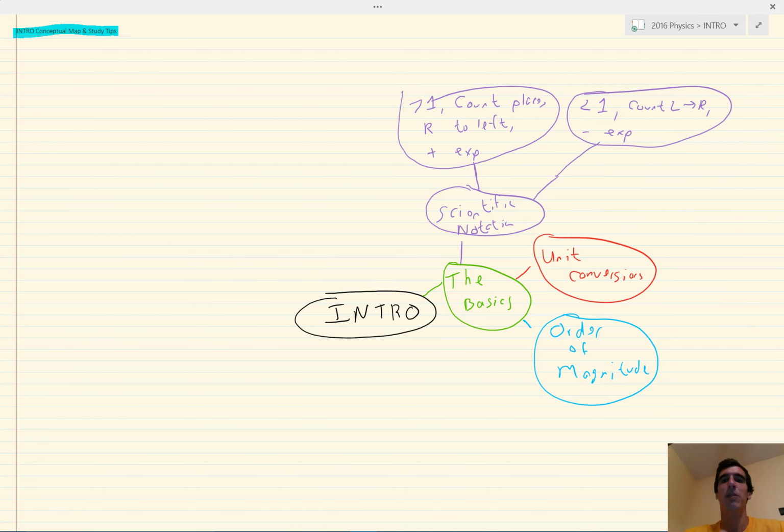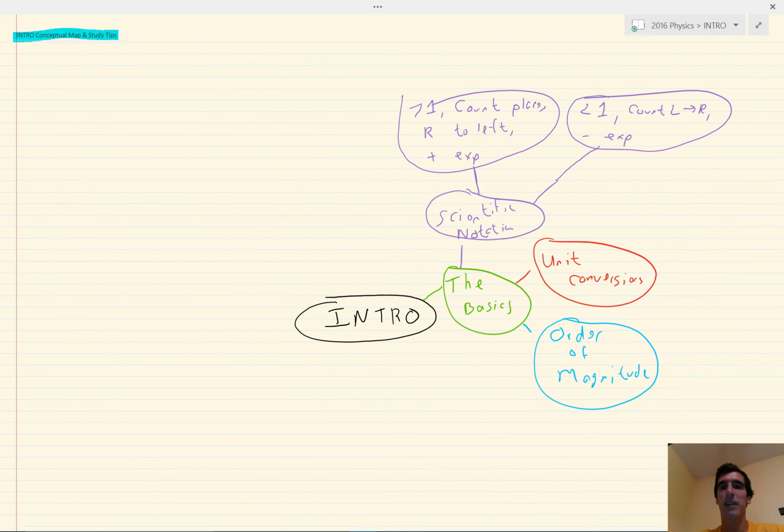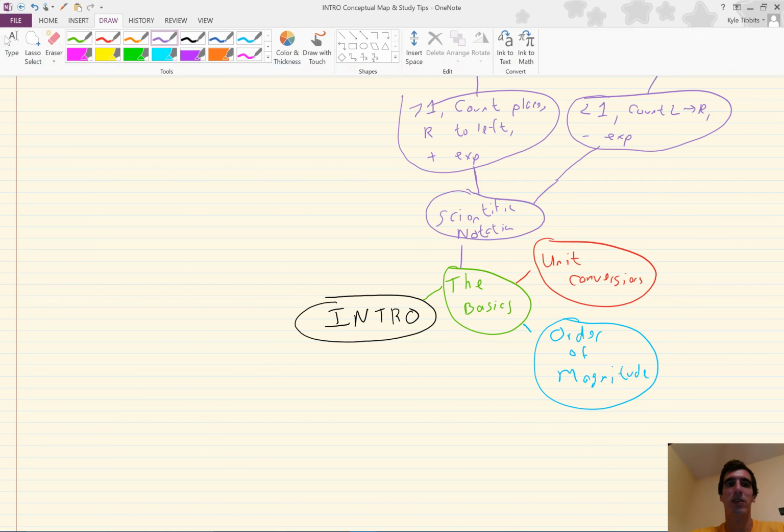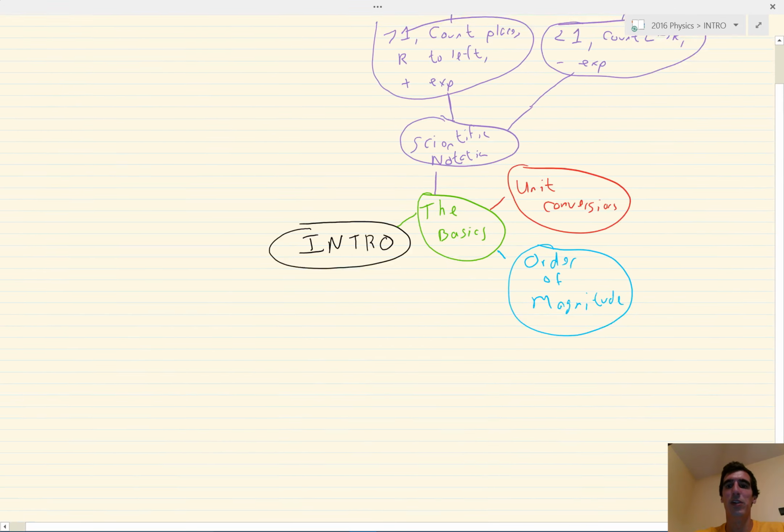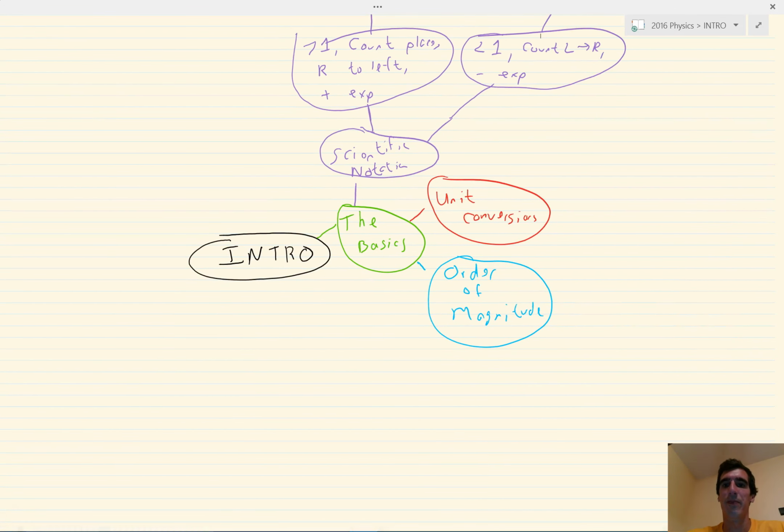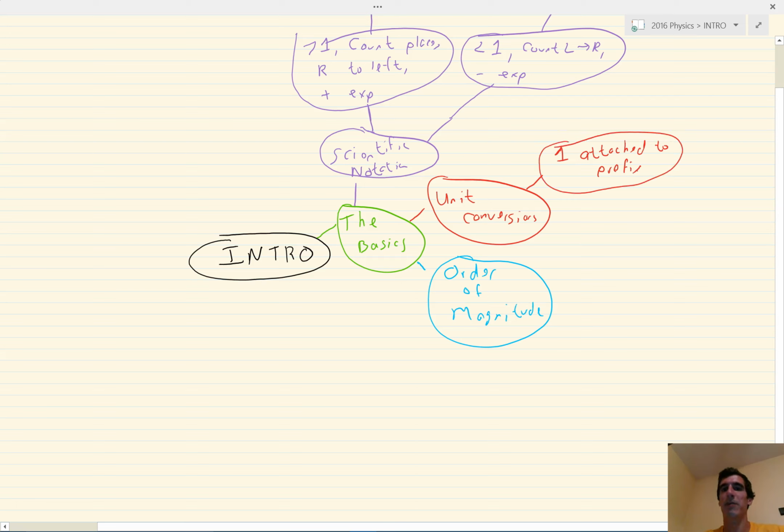If this were something that you struggled with, then I would do an example of each one beyond here. For the sake of time, I'm going to skip that. For unit conversions, the next one, we should remember that the number 1 was always attached to the prefix. So 1 kilo, 1 milli, 1 centi, 1 tera.